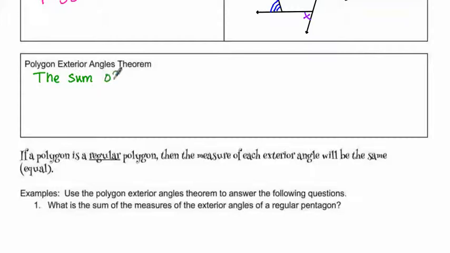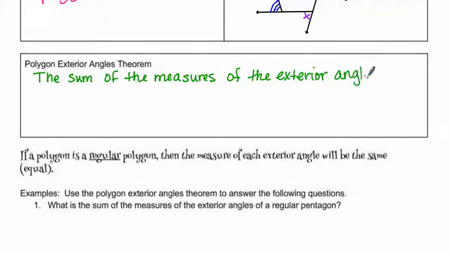The sum of the measures of the exterior angles of a polygon is 360 degrees. Notice there's no formula there. Simply the sum is 360.